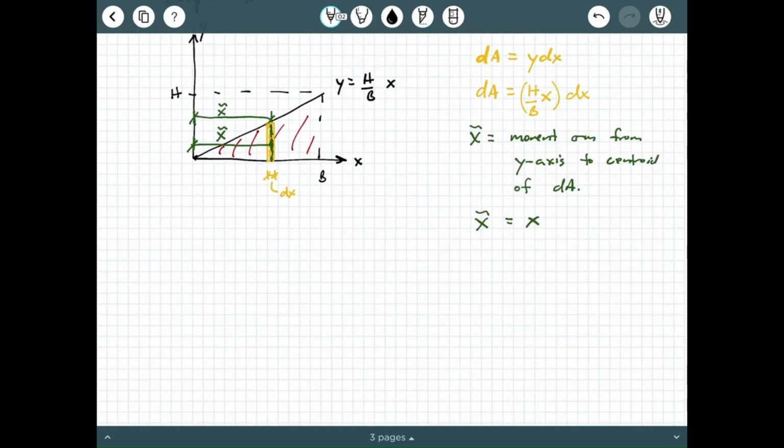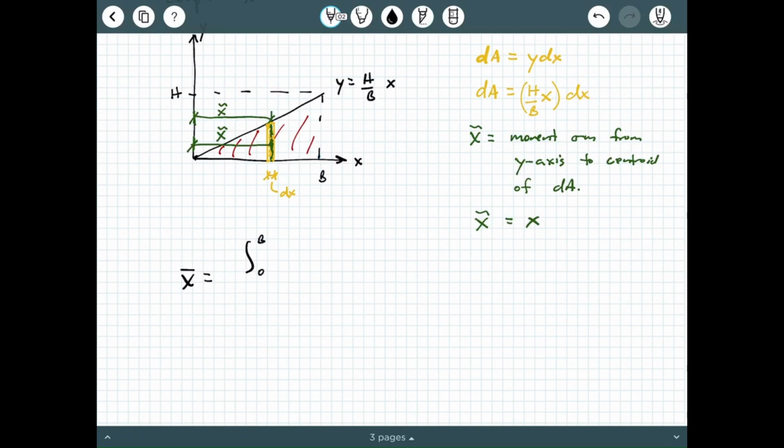All right. So here we go. We're ready to get started with x bar. We're going to say x bar equals the integral, and since we are using dx as our differential, we're integrating with respect to x. We're going to integrate from where to where? 0 to b.